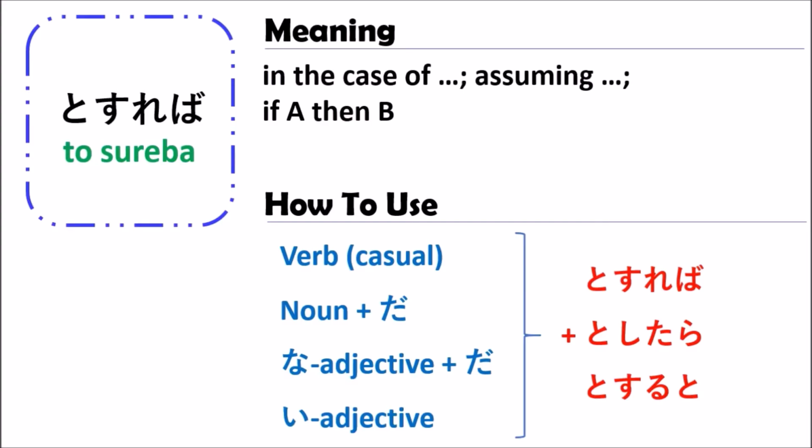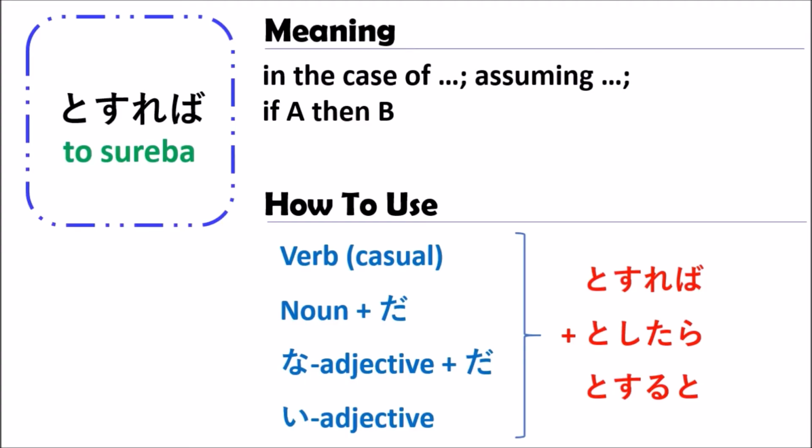TOSUREBA, TOSURUTO, TOSHITARA just have the same meaning: in the case of, or assuming, or A and then B. So don't be confused when you learn Japanese.